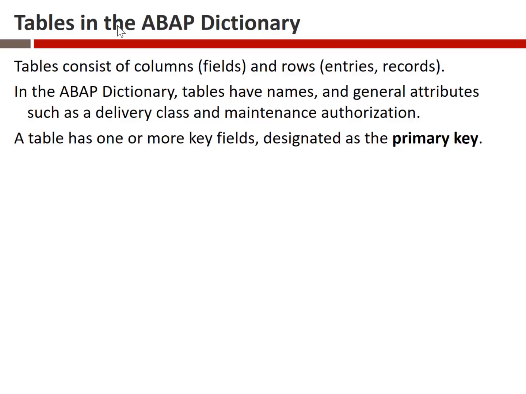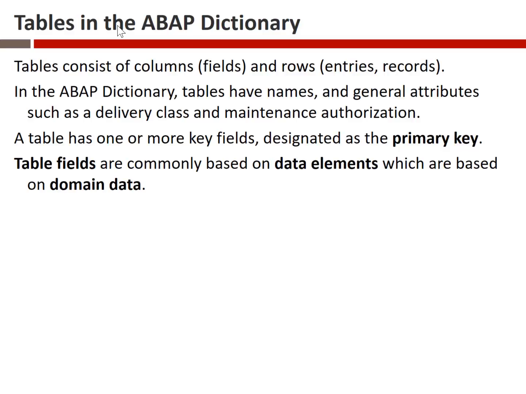And in fact, unlike standard tables or sorted tables or hash tables, unlike internal tables where we don't necessarily have to concern ourselves with keys, in the context of database tables in the ABAP dictionary, we do see the more typical scenario of needing to designate keys for each of the tables.